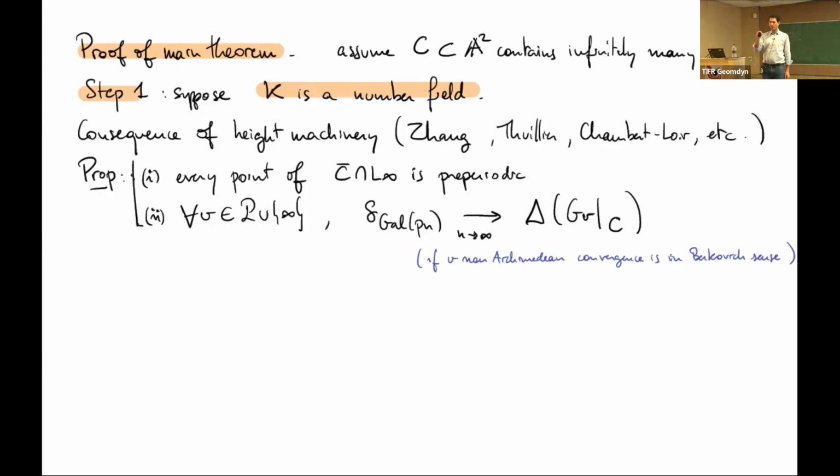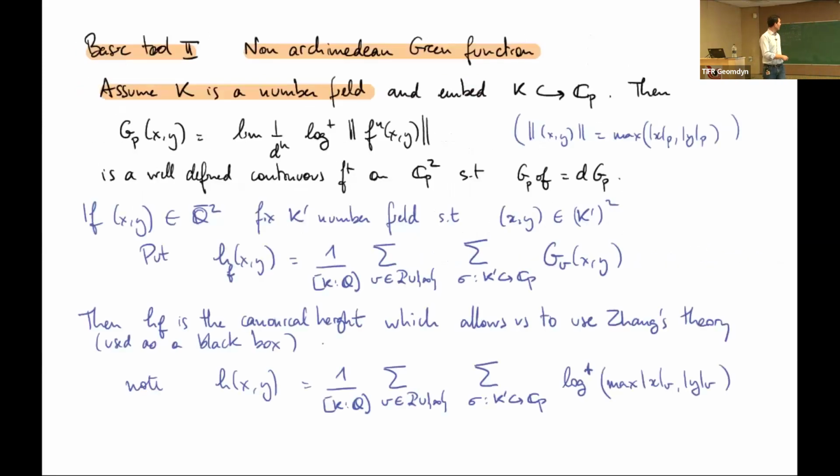In particular, okay, I should have stated it before. This dynamical height characterizes preperiodic points. So exactly as height characterizes roots of unity, dynamical height characterizes preperiodic points. A point has dynamical height 0 if and only if it is preperiodic.